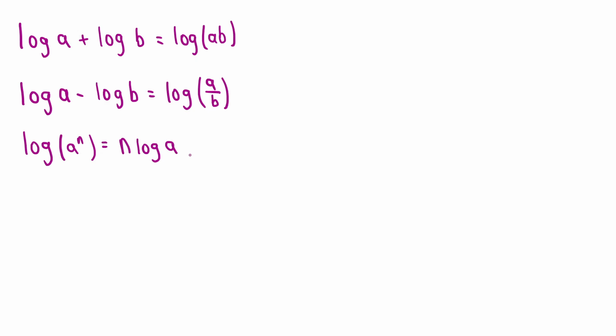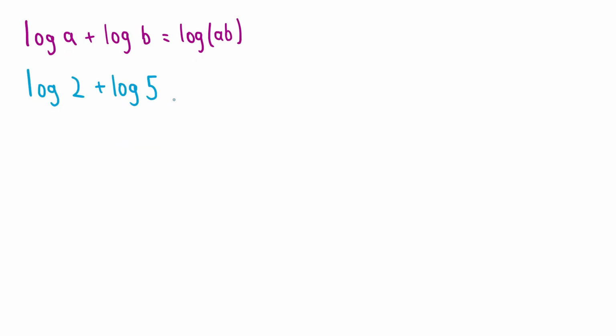So if you recall, the common logarithm is just a logarithm with base 10, so log of a is just the same as saying log base 10 of a. So here's an example illustrating the product rule of logarithms. If we have log of 2 plus log of 5, both logarithms are hard to compute individually since they don't have integer values, but we can combine the two logarithms into a single logarithm, and we write this as log of 2 times 5 using the property log of a plus log of b is equal to log of a times b.